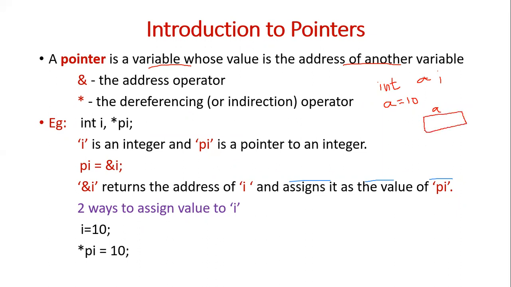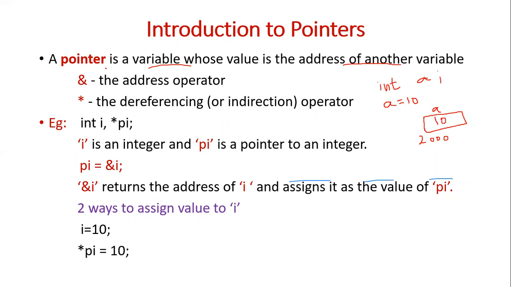So this a is the name of the variable. That's all. a is just a label to this location, but this location will have some address. Let us assume that address is 2000. The address of this location is 2000. And what is the value of a? 10. So 10 will be stored here. Fine. So this is with respect to a.